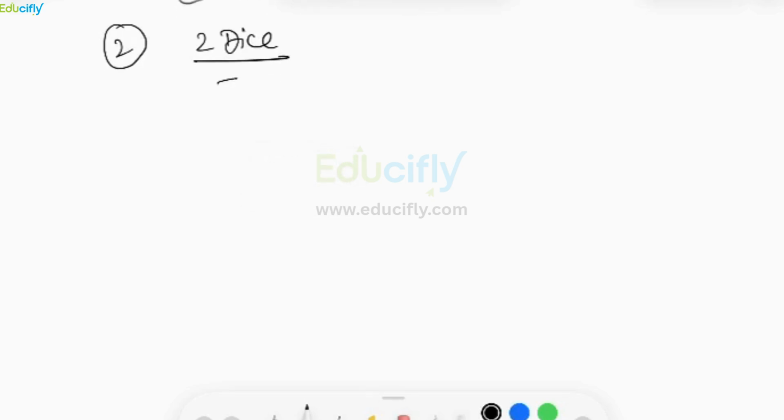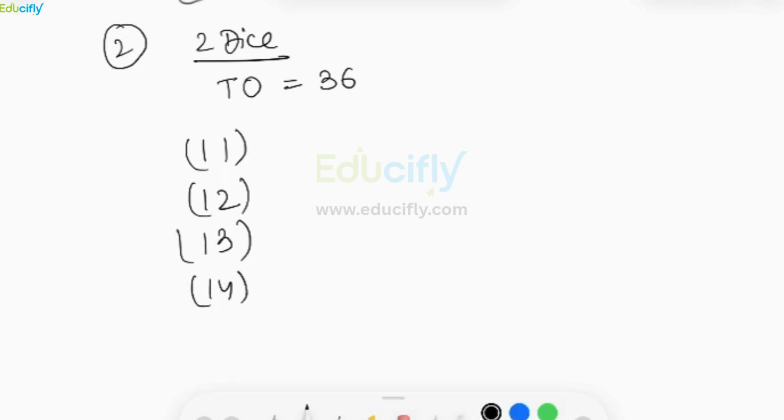Now the total outcomes will be 36 in numbers. How does it become 36? Let's write it together to understand it more. So in this case, if you're throwing 2 dice and suppose you're getting one on each of them, I'll be writing 1 1, right? So the first number stands for the first die and the second number stands for the second die. So it's 1 2, 1 3, 1 4, 1 5, 1 6.